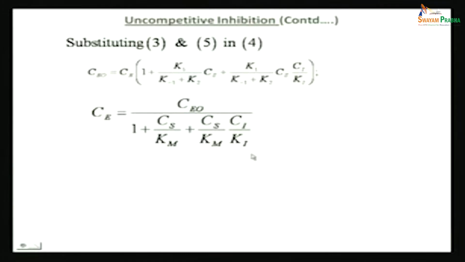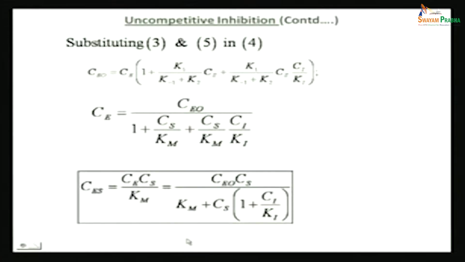Fine, is it clear? In the absence of the inhibitor, this would go back to the simple model, no inhibitor model. So CES, which is written as CE times CS over Km, now could be written as CE naught over CS over Km plus CS plus Ci over Ki.